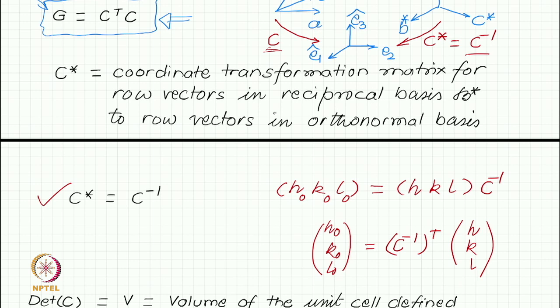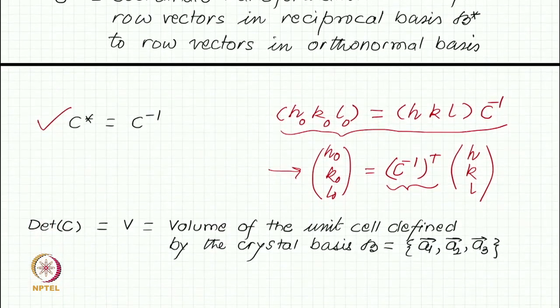Some people say this is neater, that everything is column, but then they have to live with an additional transposition over the inverse. Some people say why transpose, just start writing the reciprocal vectors as rows, then it is simply the inverse, and the inverse in a way is easier to remember because you are working in a reciprocal space. So, everything is the inverse of the real space.